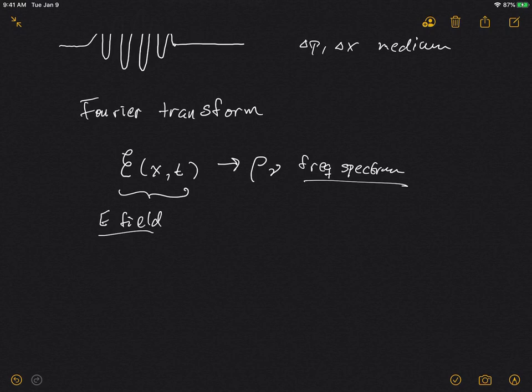And let me just try to make that a little bit clearer. We can plot the electric field as a function of, say, position and time. And this is for photons or light.